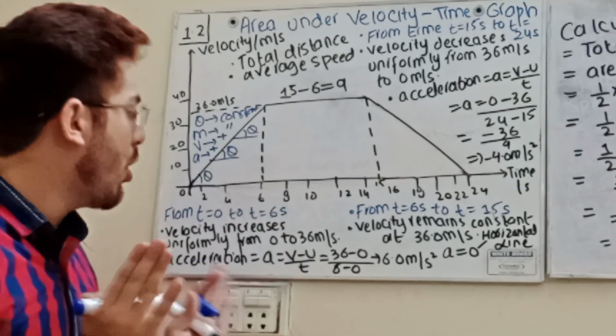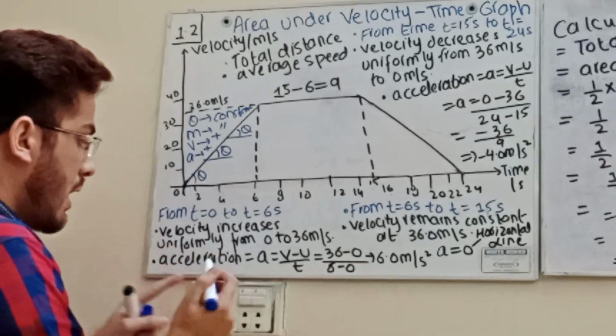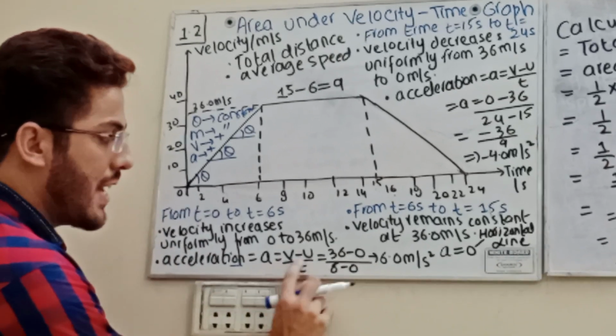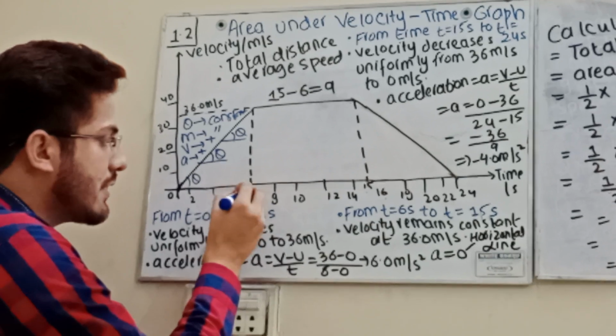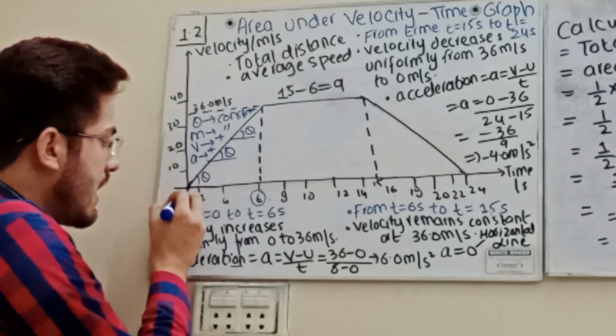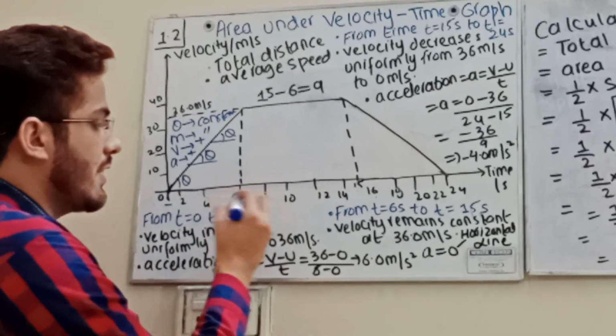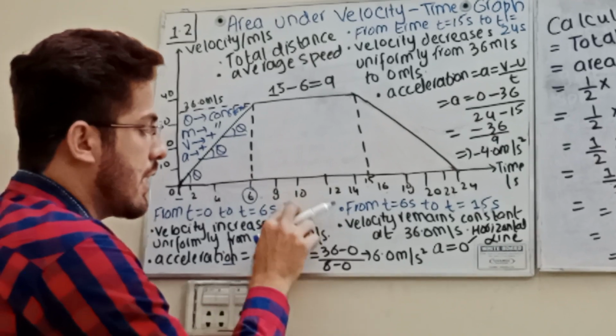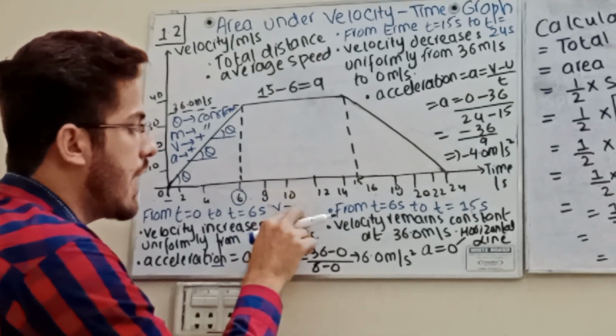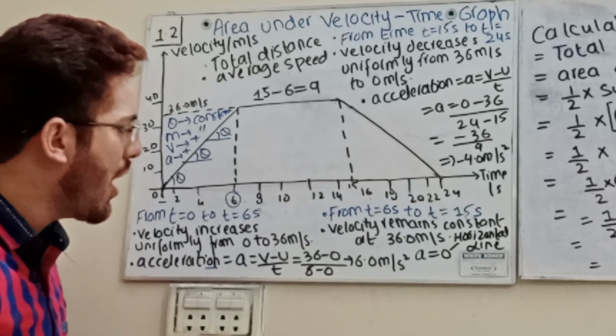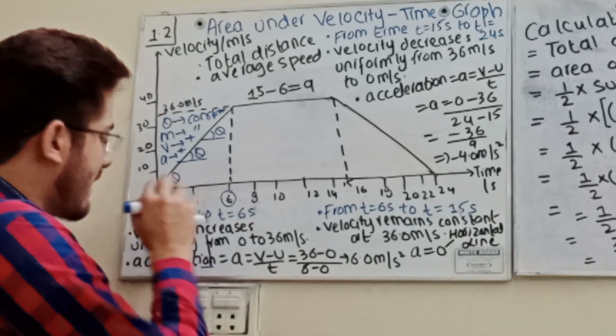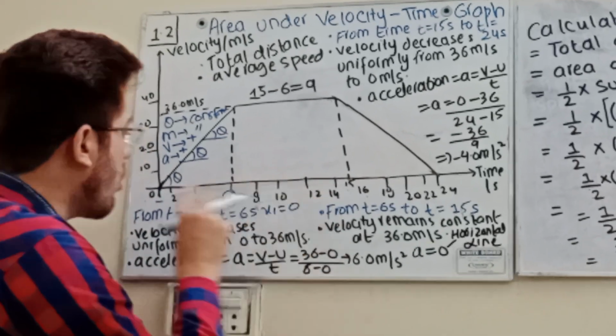But uniform always. How are we going to calculate, student? Acceleration means final minus initial. I know this is the final point, this is the initial point. Definitely 6 stands for final velocity and initial velocity. If you are going to write the values, you can write this is x1. x1 is 0.